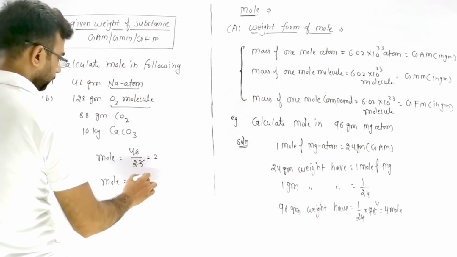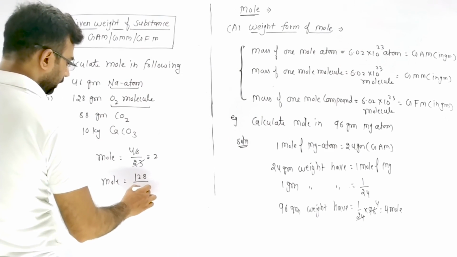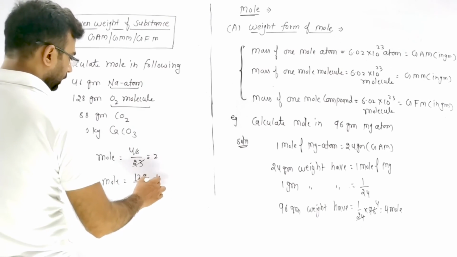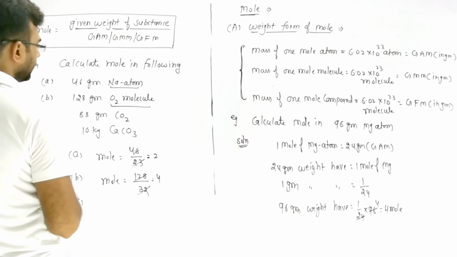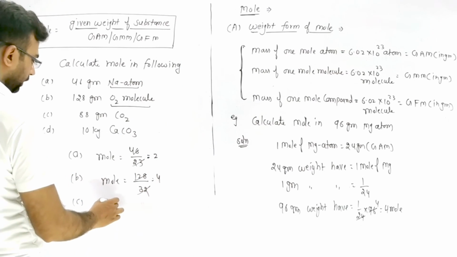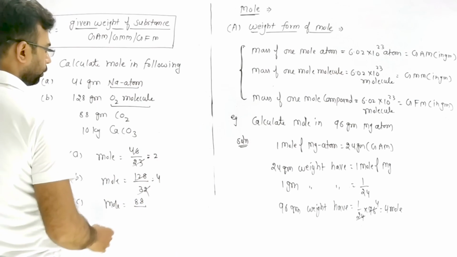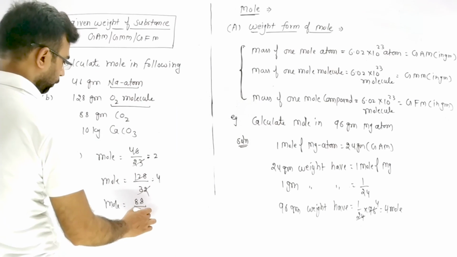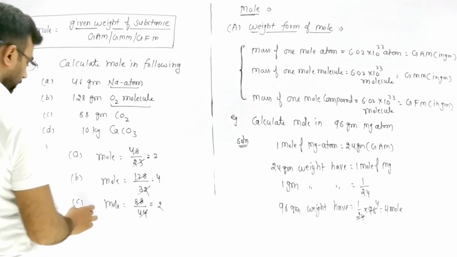So the given weight of substance is 128, and O2 has 32, and these values cancel out by 4 times. So there are 4 mole. C, 88 gram CO2. To calculate mole, first 88, and we know that CO2 has gram molecular mass or gram formula mass of 44. So it has 2 mole.